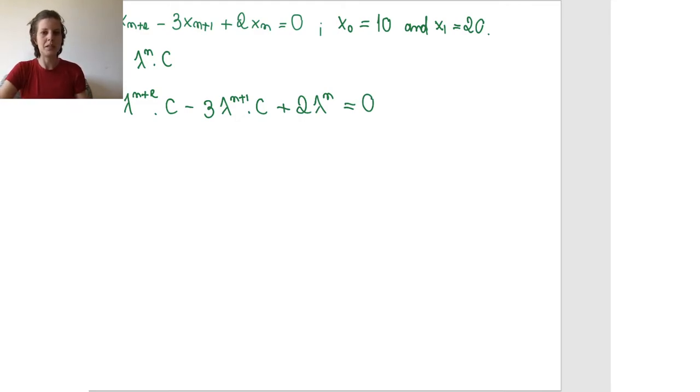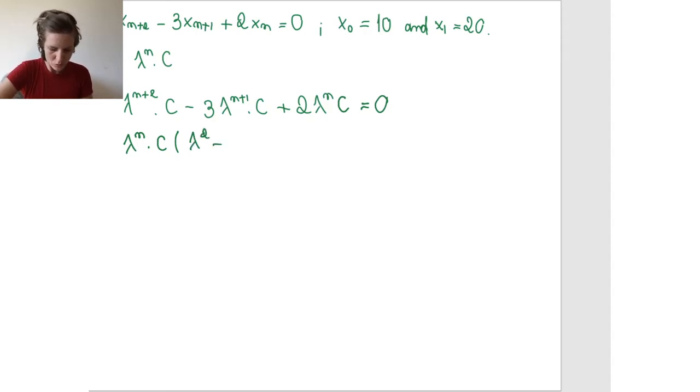Putting lambda to n in evidence, I missed some c here, c equals 0. We get lambda to n times c times lambda square minus 3 lambda plus 2 equals 0.